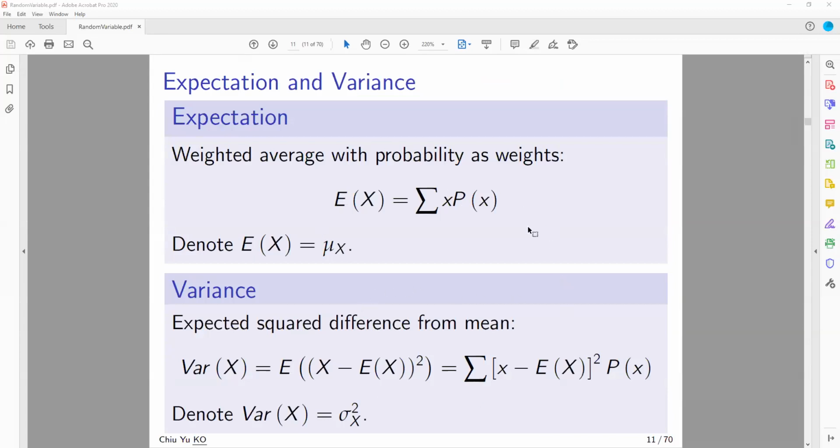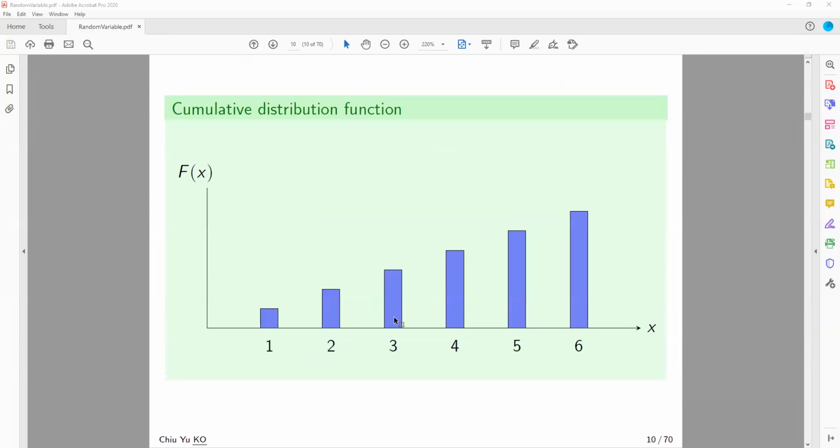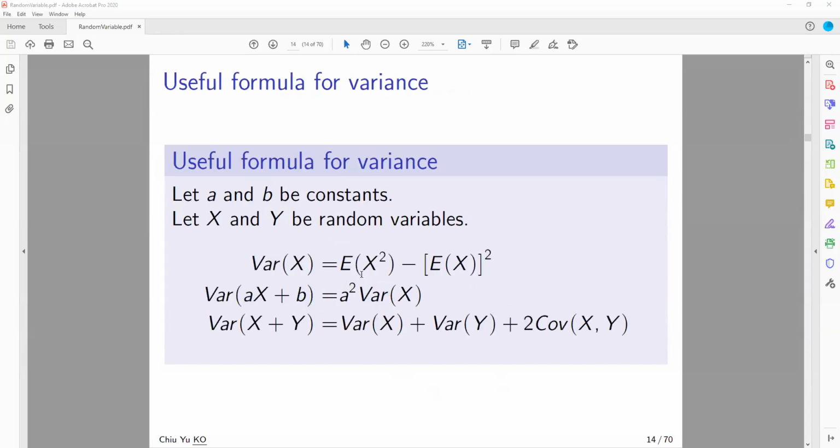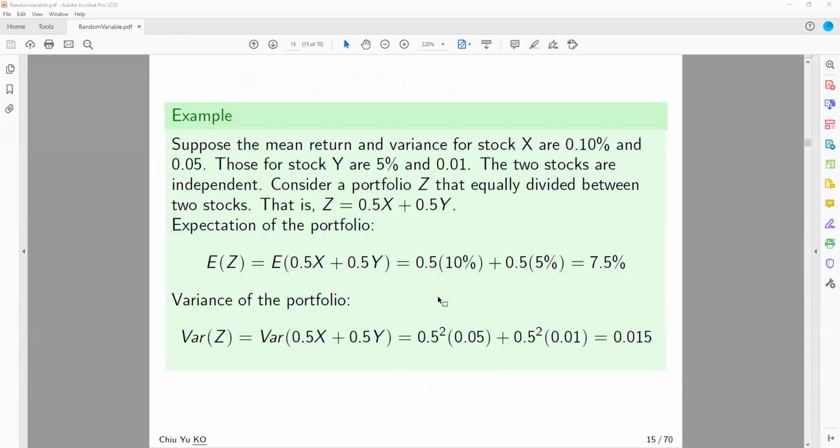These two are the most basic measures. For continuous random variables, they become integrals. I also covered some properties of expectation: it is linear, whereas variance is squared, so it behaves differently. That is what we have covered up to now.